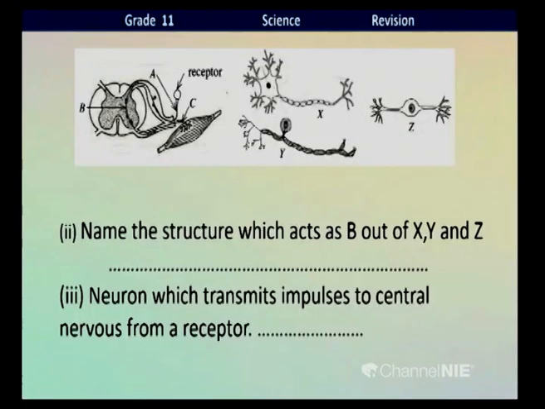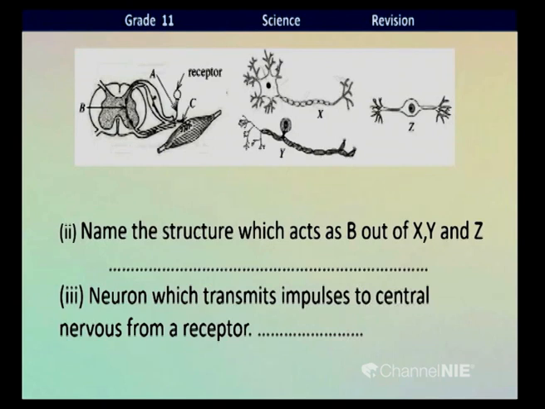The neuron which is attached to the receptor and carries the impulses towards the central nervous system is the sensory neuron. A here must be the sensory neuron. And the C neuron is connected with the muscle or the effector. Therefore, C must be the motor neuron.